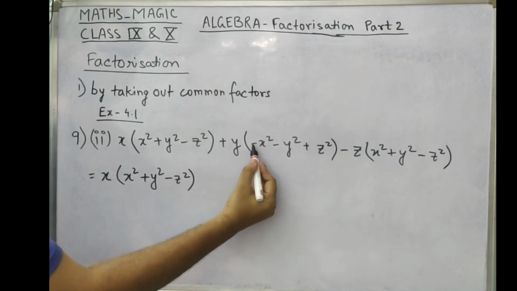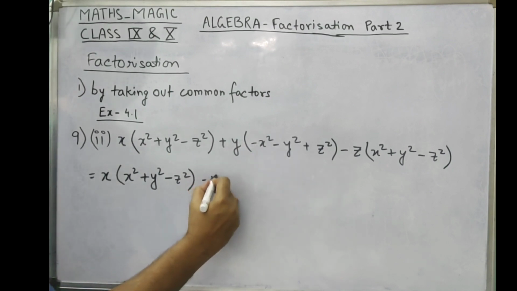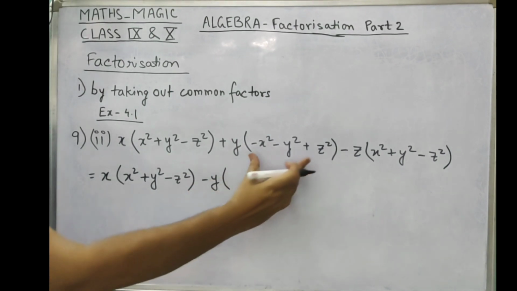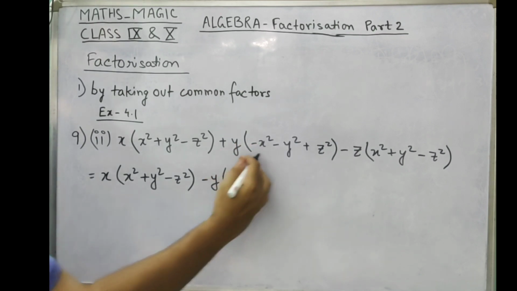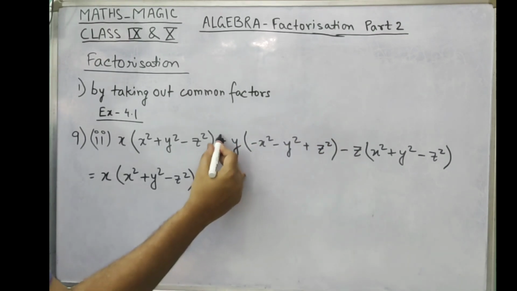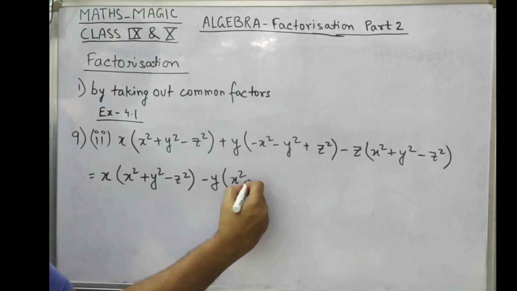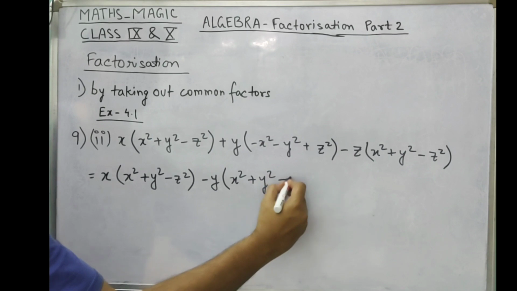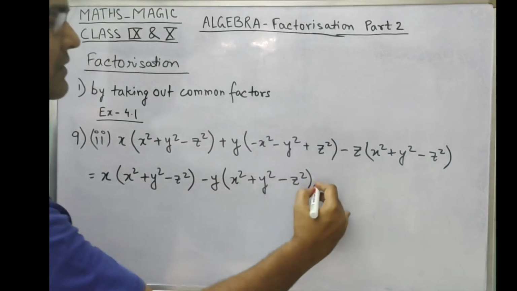Now here I will take out the minus from inside. Whenever there is a bracket and you take out the minus, all the signs will change. So this will change from plus to minus: minus x square, this will be positive, this will be positive, this will be minus z square. Now see, they are the same.